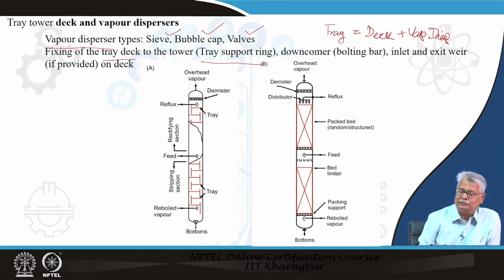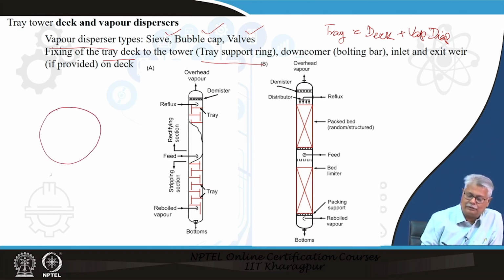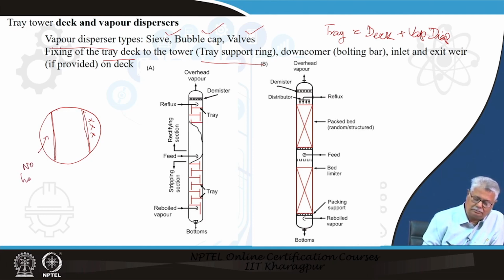We will look at the details of each of these with drawing later on, but right now what I would like to say is, if I take a section of my tower and look from the top, what you will normally have is a tray like this. That means there will be a segment which will be missing here. You do not have this part. It is a disc. So, on this disc you have the fitment of your vapor dispersers. There is another section here which has got no holes or no dispersers.